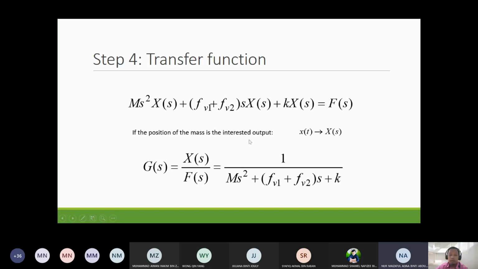Let's say you want to find the output position. You can write the transfer function G(s) equals X(s) over F(s). You just factorize X(s) and rearrange the equation to get this transfer function.